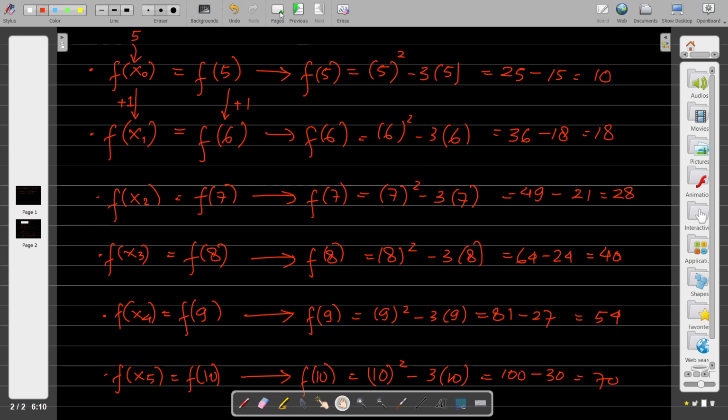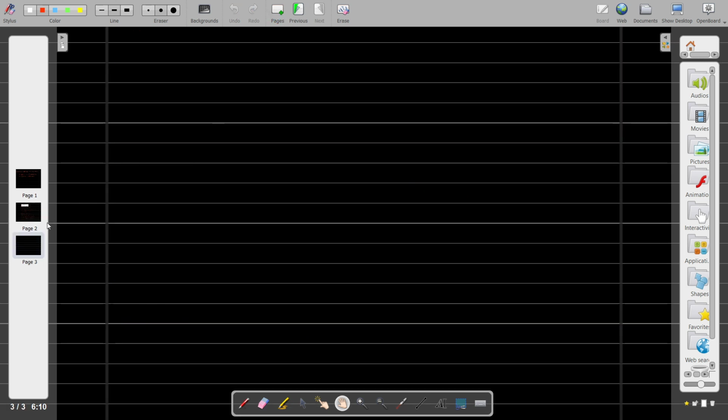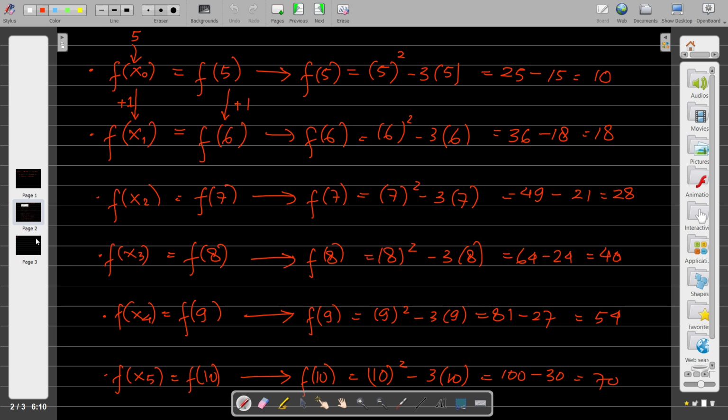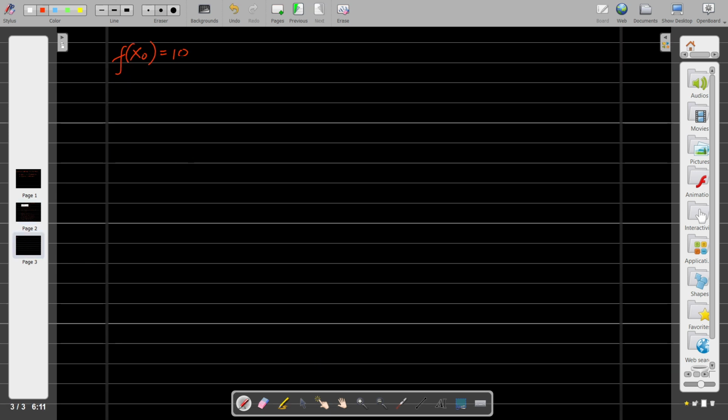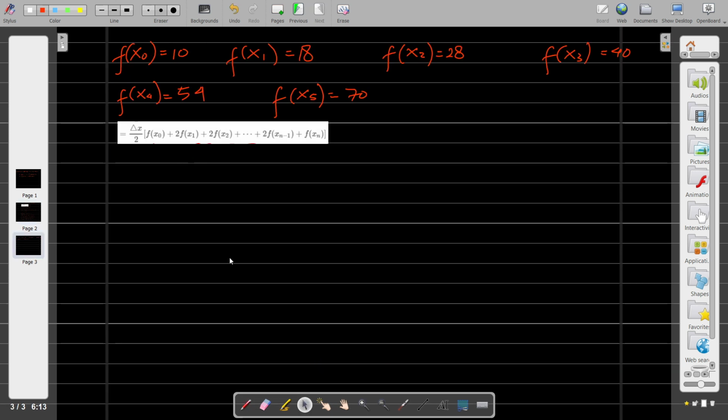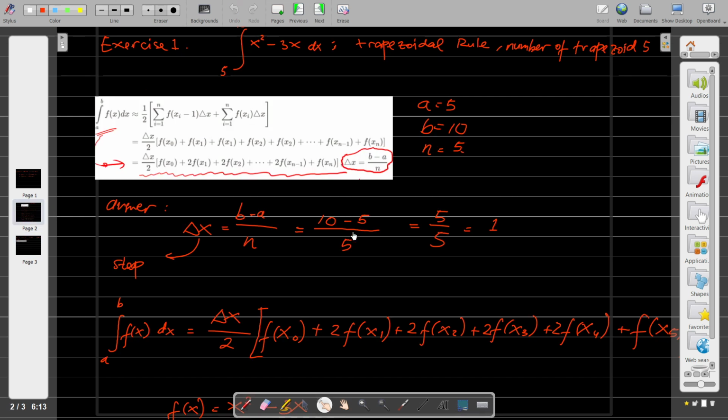Now I will go to the next page, so I will write down all the f(x) we got. I just pause it and write down the f(x) here.